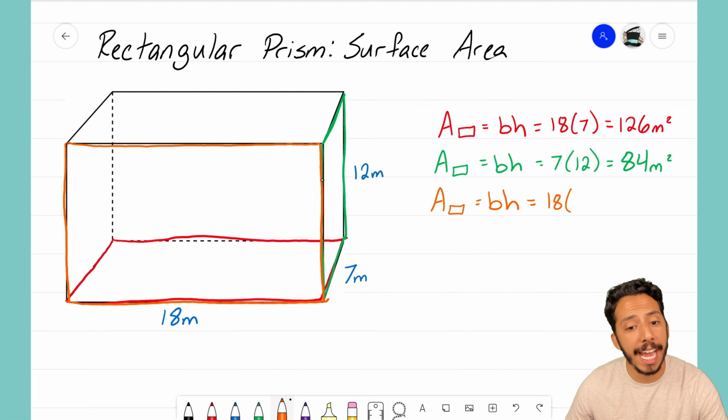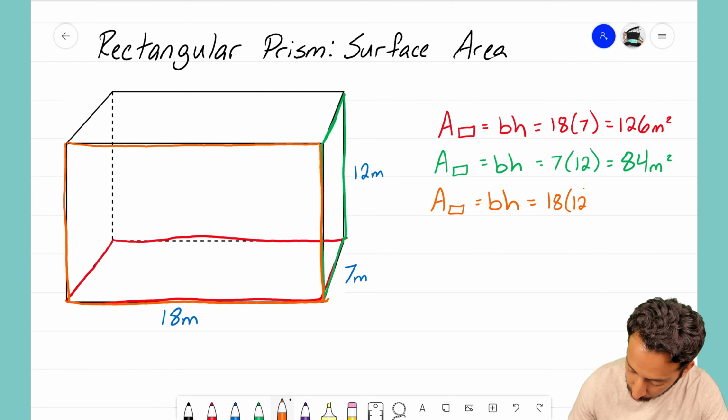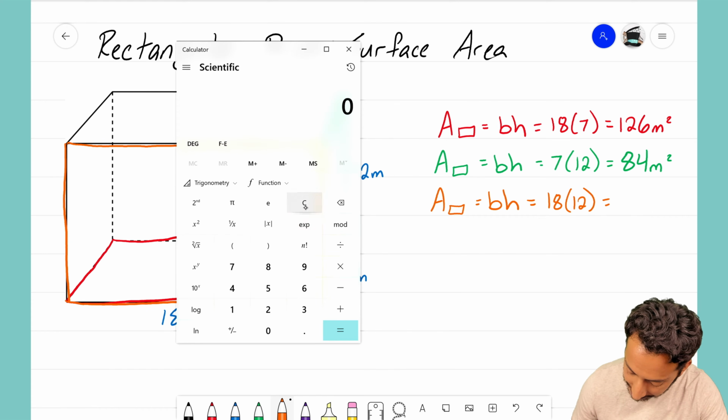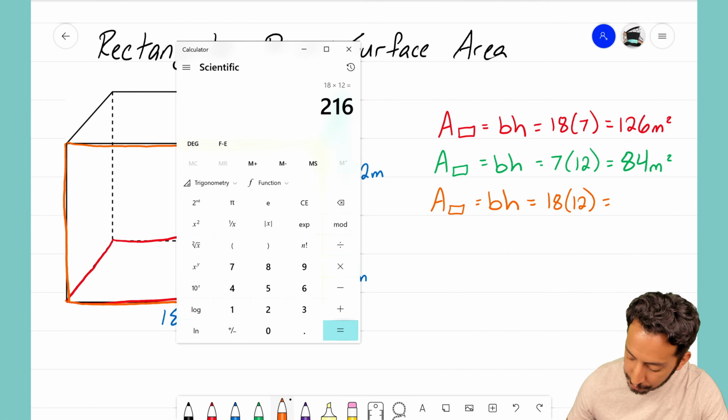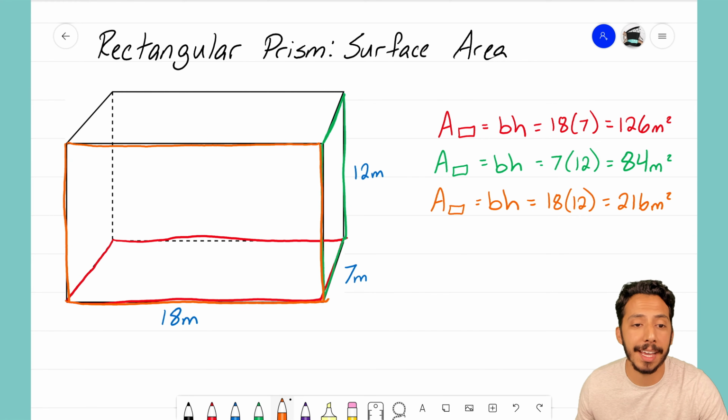Well, I don't see a number attached to this side, but I do know that this is representing the height of the prism, and I know that the side right behind it is labeled as 12 meters. That means that all of these edges of the rectangular prism are all 12 meters high. So I can just take 18 and multiply it by 12 meters. 12 times 18 is going to give us an area of 216 square meters for that front side.